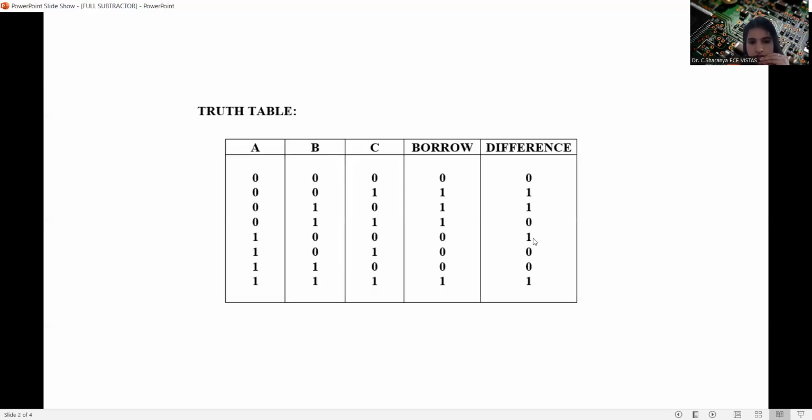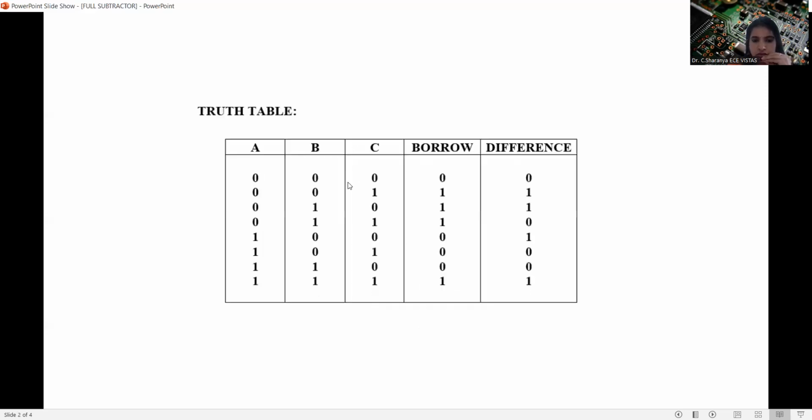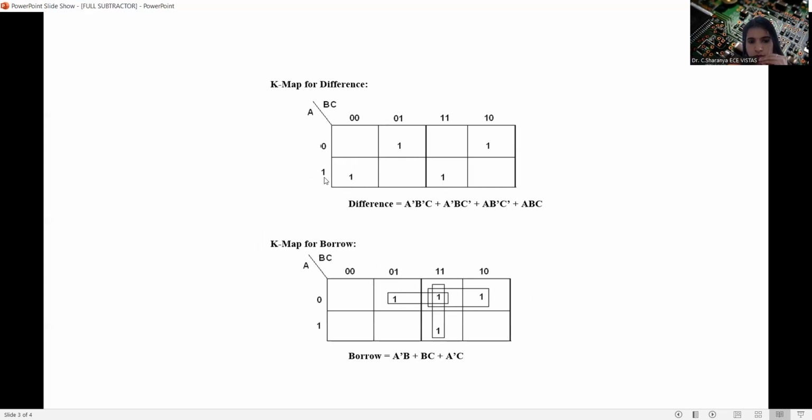Next one is when A is 1 and B and C are 0 and 0. So a 1 here. Then when A is 1 and B and C are 1 and 1, there's a 1. Done.